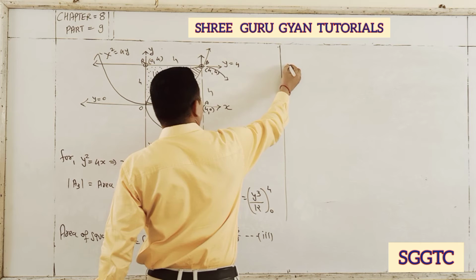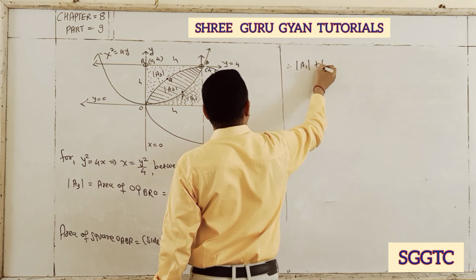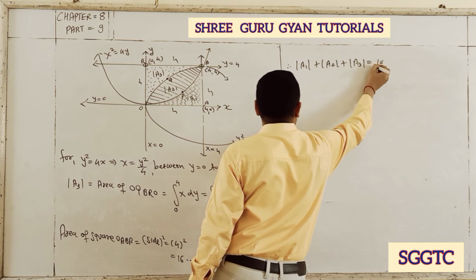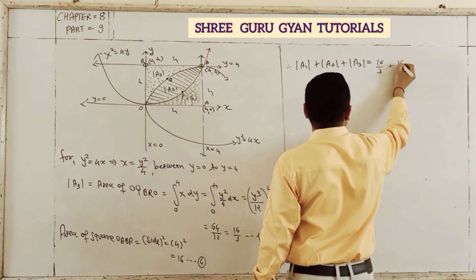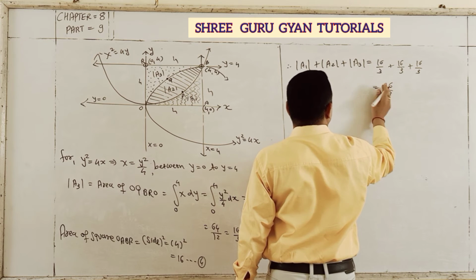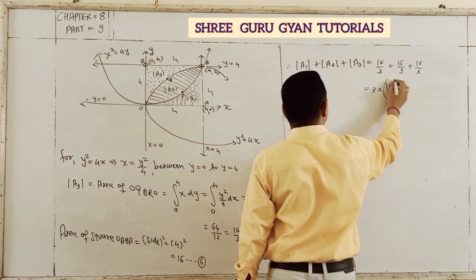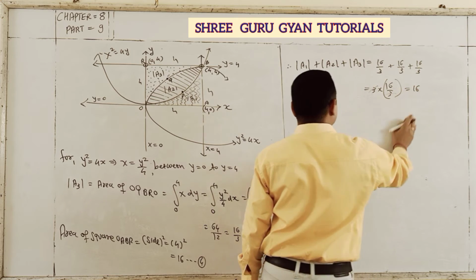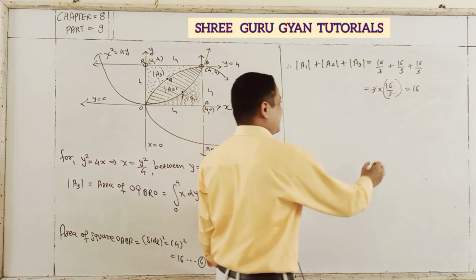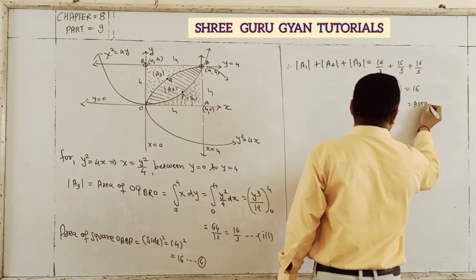So A1 plus A2 plus A3 will be 16 by 3, 16 by 3, 16 by 3, 3 times 16 by 3. Your answer is 16, and check, it is the area of the square is equal to the area of the square.